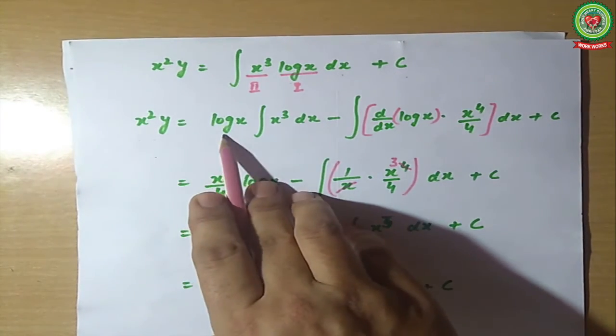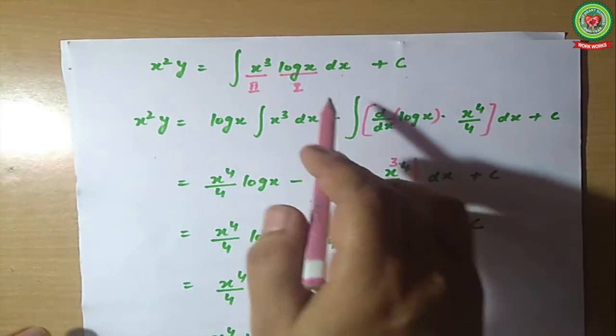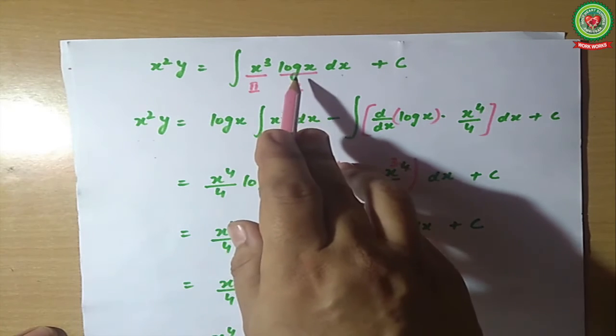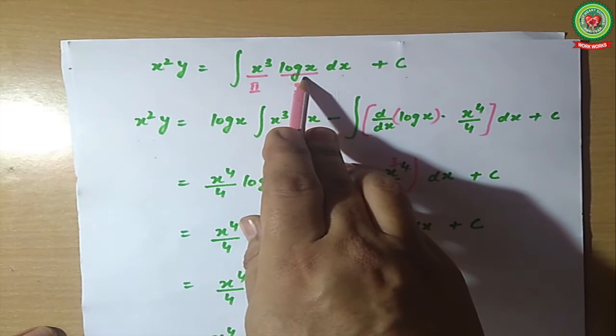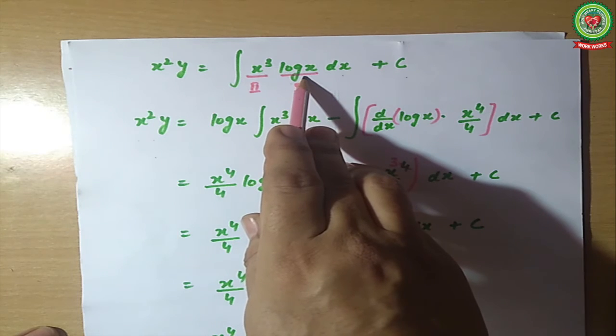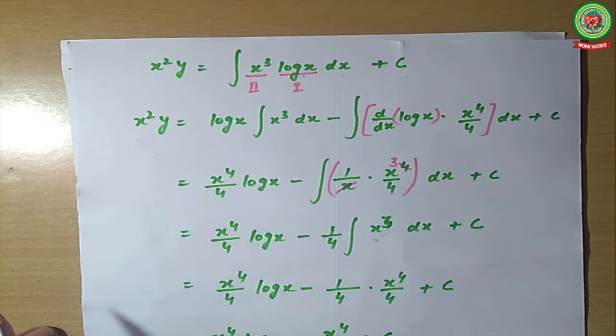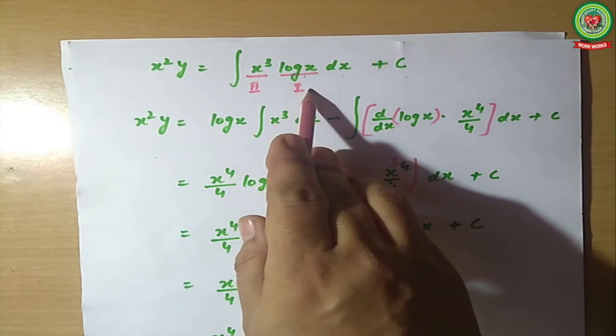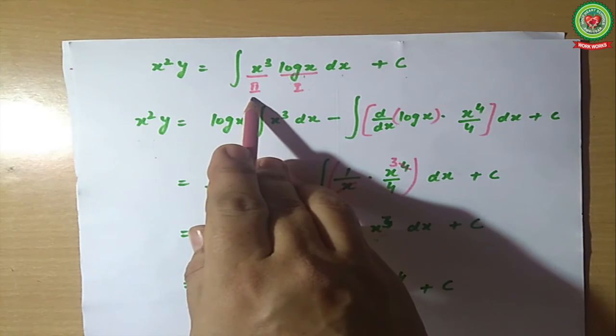x square y is equal to, now because two functions are there, one is x cube, one is log x, so we will apply the integration by parts. By the reminder, one method, ILATE. First function, second function.